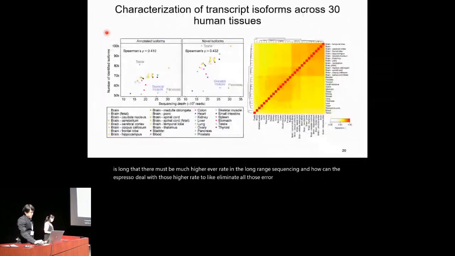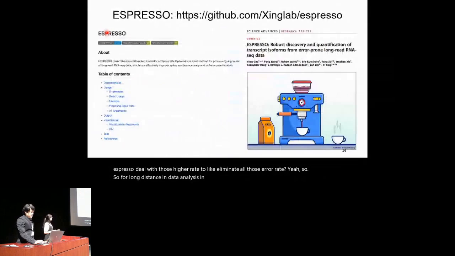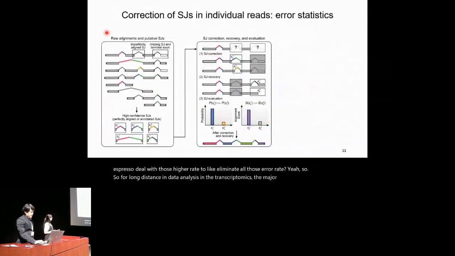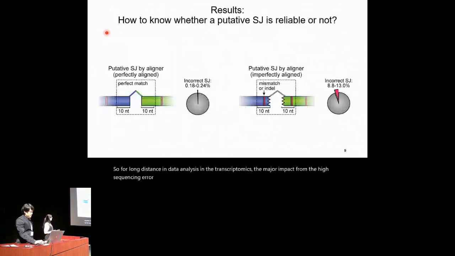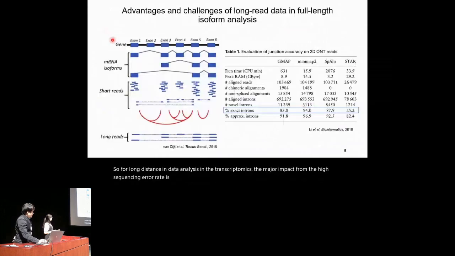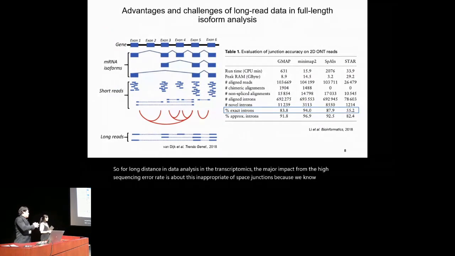For long read sequencing data analysis in transcriptomics, the major impact from the high sequencing error rate is the inaccuracy of splice junctions. The reason we want to reconstruct the full length of the transcript is that there are a lot of splicing events.